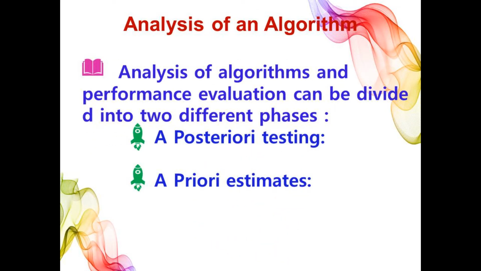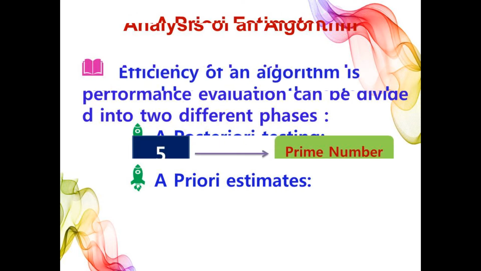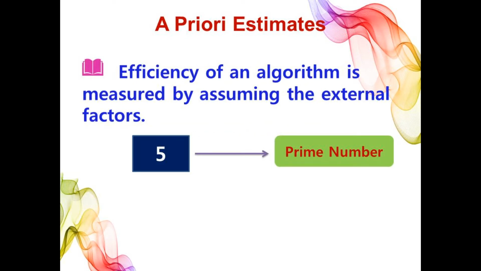The analysis of an algorithm can be divided into two different phases: a priori estimates and a posteriori testing. A priori estimates are something that can be known without experience.